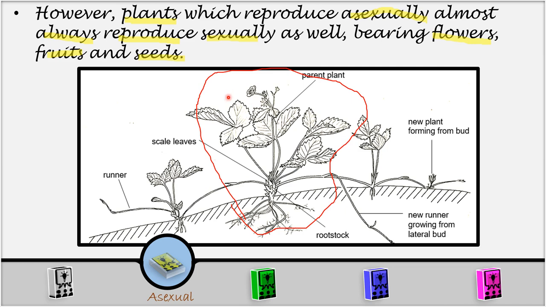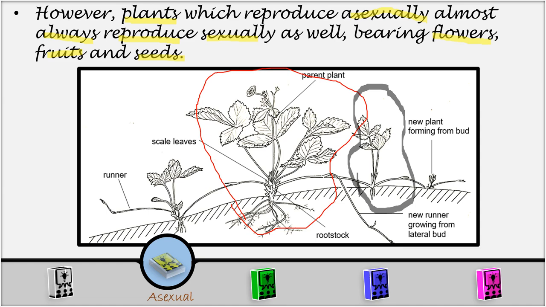But now let us look at it here. You will see it has runners, lateral runners moving away from the main plant. And when they reach somewhere, again they produce buds, and those buds develop into a new plant. And here it will also develop adventitious roots. Now this one can break off from the parent, and it becomes a plant of its own.